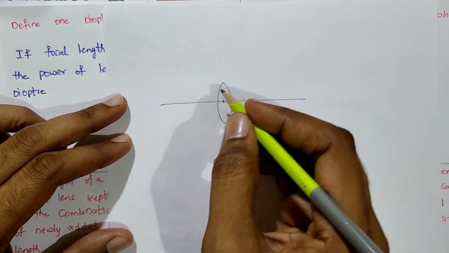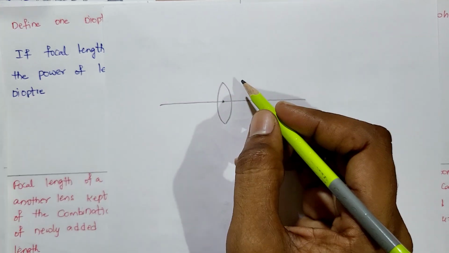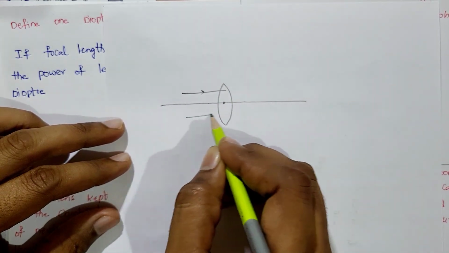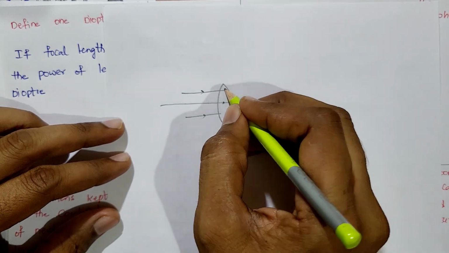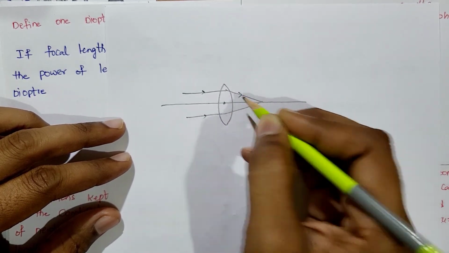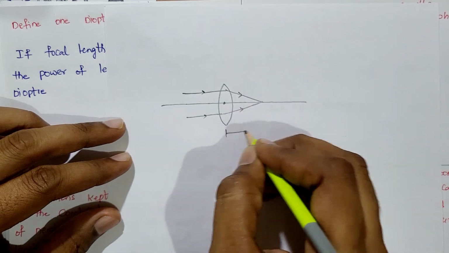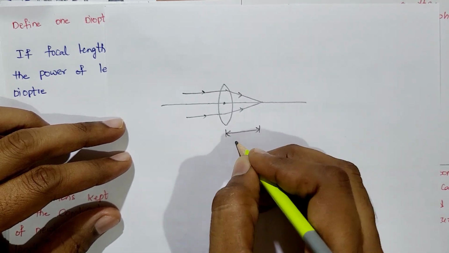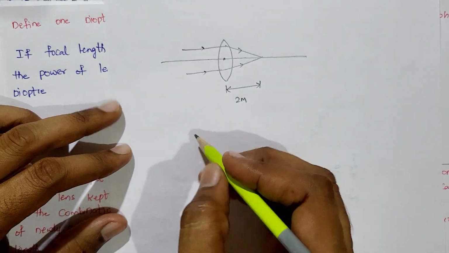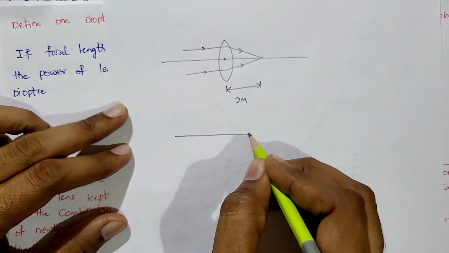Focal length of this lens is 2 meters. When this lens alone is acting, what happened? When a parallel beam of light rays came, the focal length is 2 meters, somewhere here. From here to here, it is 2 meters. Now what we did, for this lens, we added one more lens.